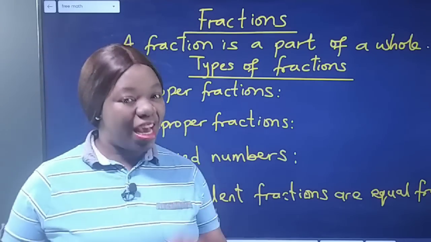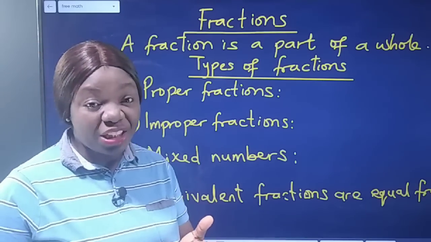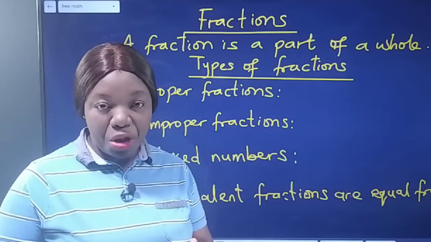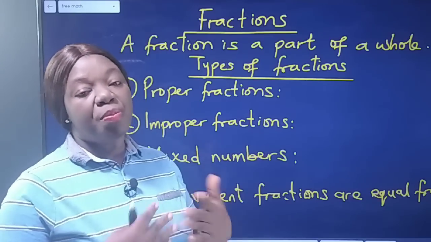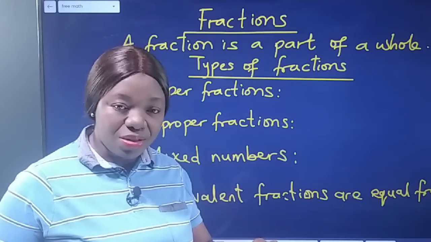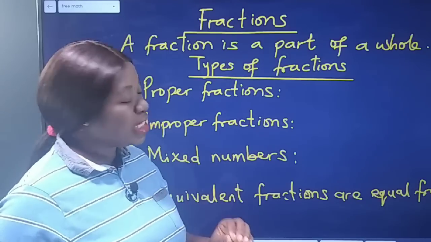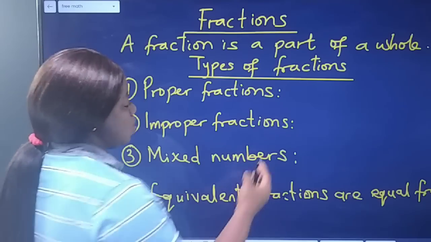Let's look at types of fractions. We have proper fractions, improper fractions, mixed numbers, and equivalent fractions. Now, when we talk about proper fractions, the numerator is less than the denominator. This is what I mean.